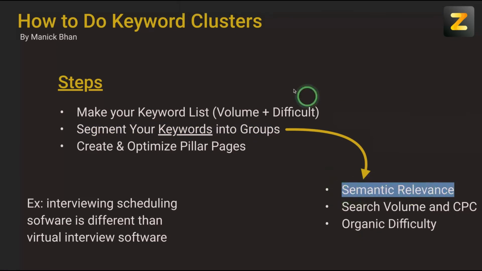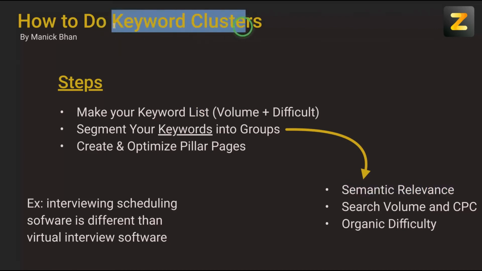Each keyword that will be inside the keyword cluster, at the end of the day, is a list, and they need to have the same semantic relevance, or in other words, the same search intent.